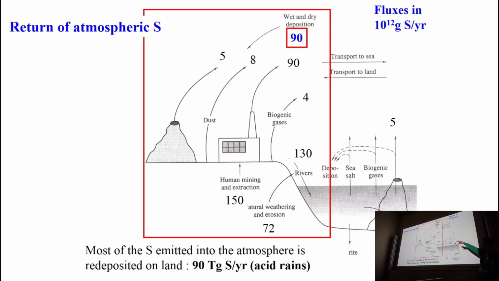Now we've put a whole bunch of stuff up into the atmosphere. Because the atmosphere has a very short residence time, it can't stay up there for very long. It means that there must be a corresponding outflux, otherwise the atmospheric concentration would go up and up and up.